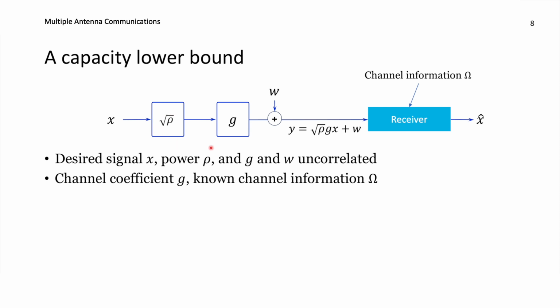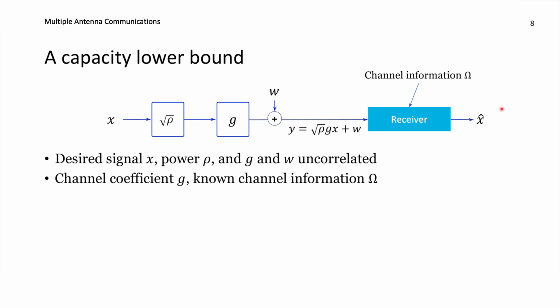Then it goes over a channel, G. We add noise to it, W, which is uncorrelated with the random channel G. Then what we receive is Y, which is equal to square root of rho times G times X plus W. And this signal goes into a receiver that would like to produce an estimate X hat. So an estimate of the transmitted desired signal X.